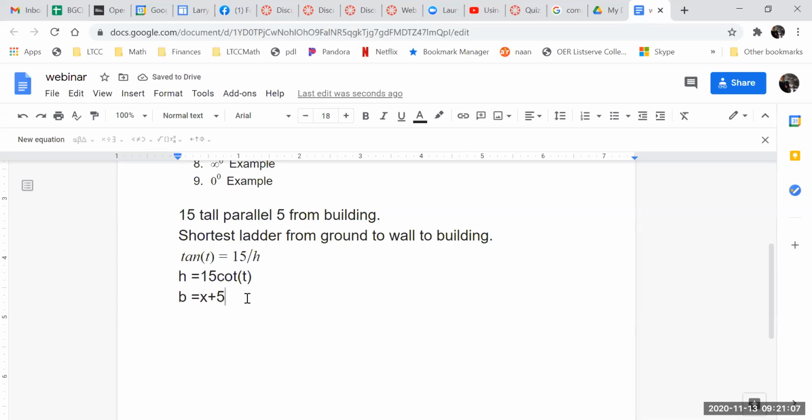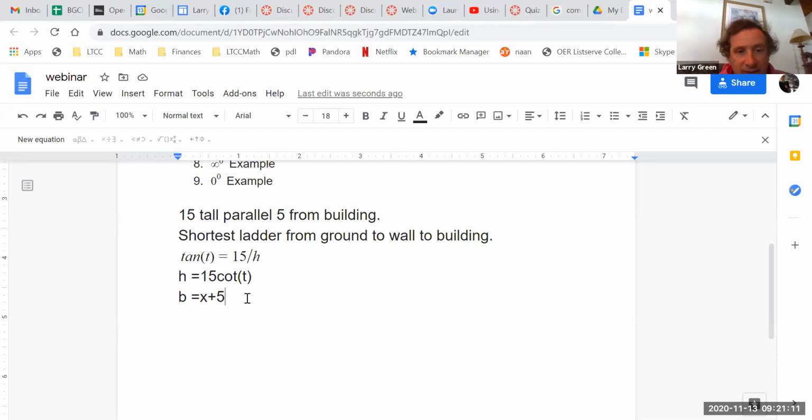Oh, right. Does that make sense? Yes. So the base is equal to x plus 5, and that's kind of what we're going to have to use. And that's the problem. The cotangent may not work because we need to be in terms of the base, not in terms of the 15.